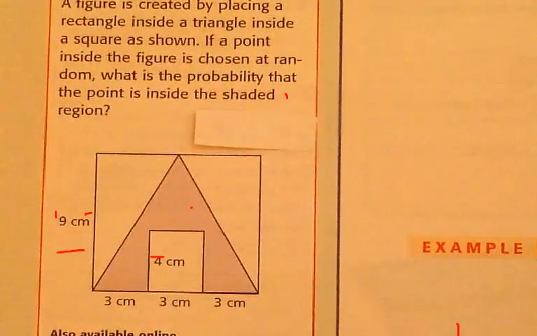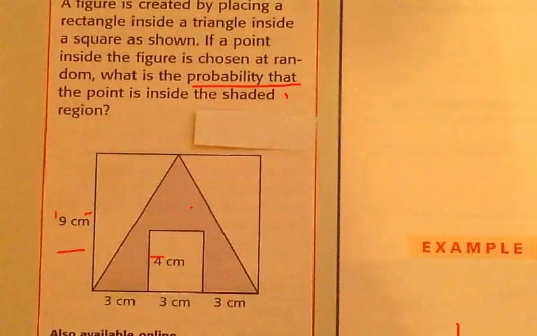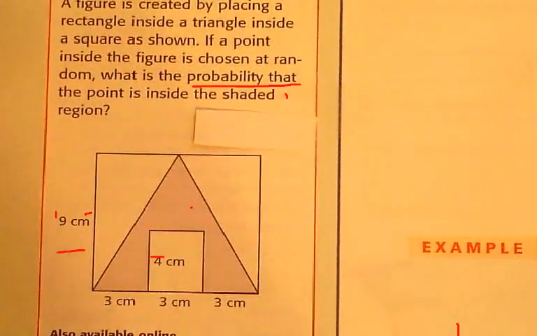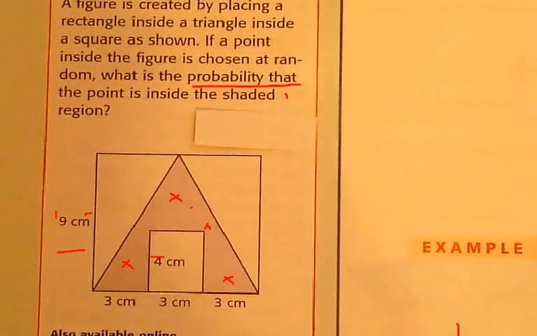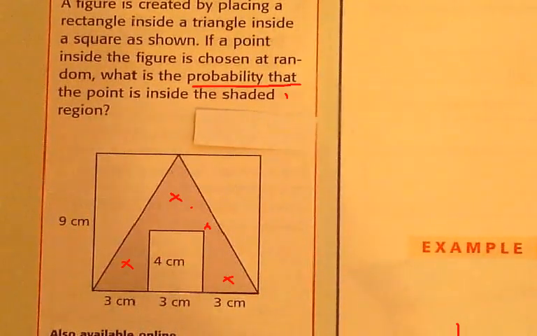And the question they want to know is, if this was a dartboard and I threw my dart, what's the probability that it would land in the triangle, in the shaded part of the triangle? It could land here, right there, right there, right? The question is, what's the probability that it lands inside the triangle but not inside the rectangle, right?